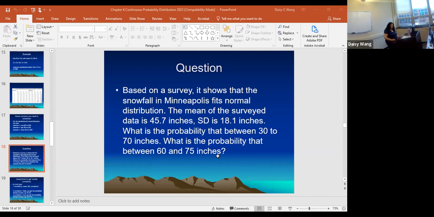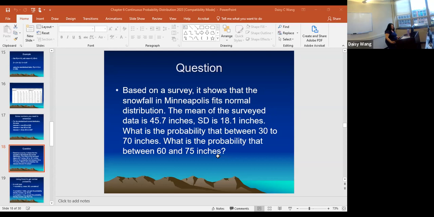Then we want 30 to 70, and the second one is 60 to 75. So let's do the normal distribution here.